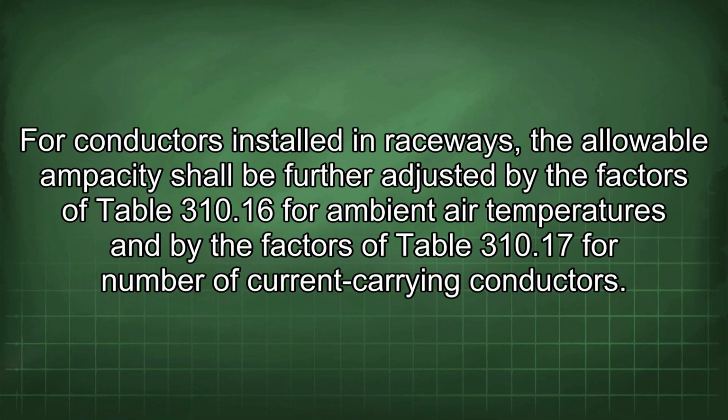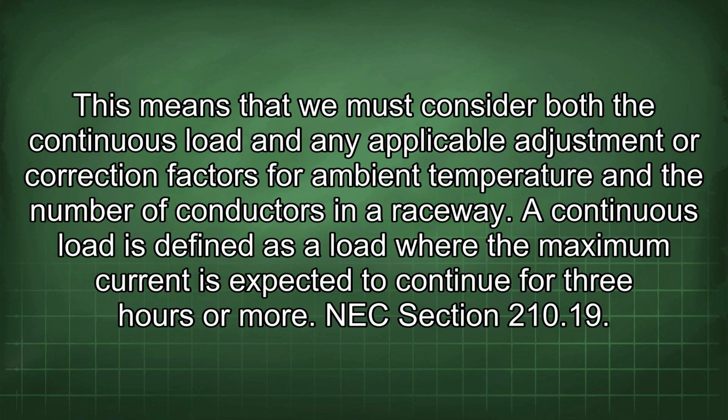For conductors installed in raceways, the allowable ampacity shall be further adjusted by the factors of Table 310.16 for ambient air temperatures and by the factors of Table 310.17 for number of current carrying conductors. This means that we must consider both the continuous load and any applicable adjustment or correction factors for ambient temperature and the number of conductors in a raceway.